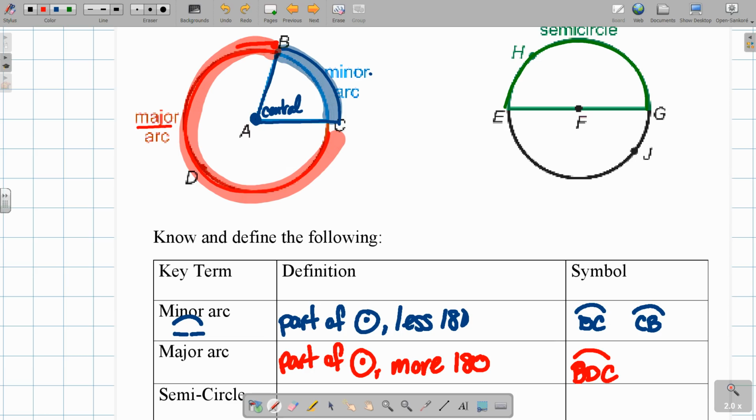Trace with me, trace B, go through D, C, or you could name it starting at C, D, B, going that way. Either way, you have to use 3 letters for a major arc, because you're going the long way around.